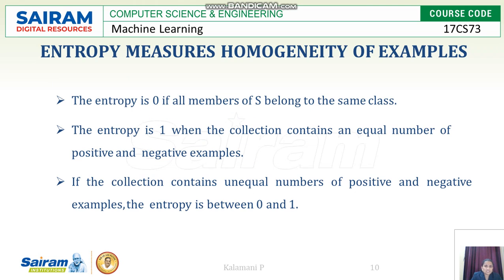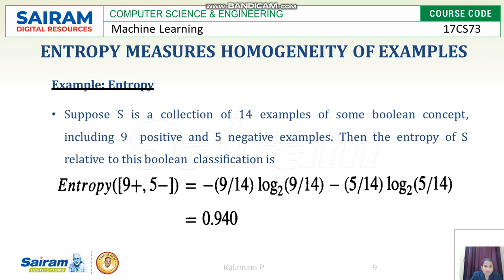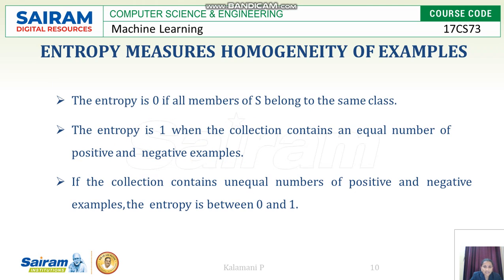From this we can measure the homogeneity of examples. What is the meaning when entropy is equal to 0? If it is equal to 0, all the members belong to the same class, either positive or negative. Entropy takes a value either 0, 1, or in between. If entropy is 0, all members of S belong to the same class.